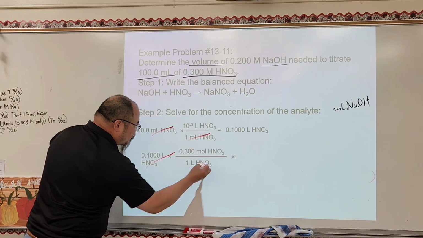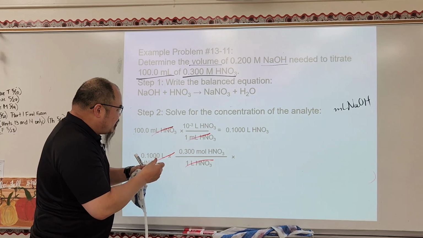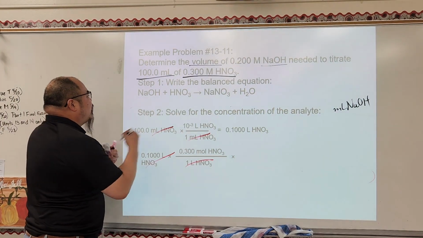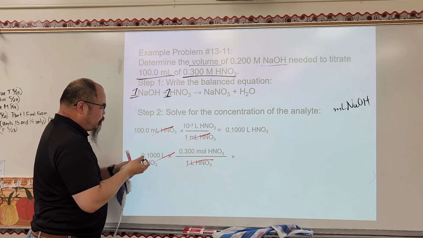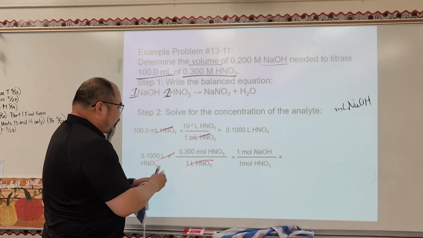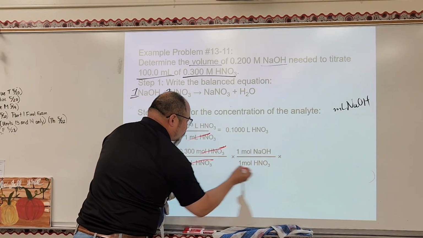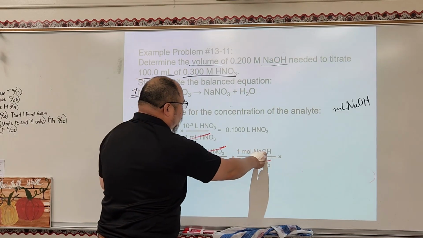Our liters of nitric acid cancel out. We got moles of nitric acid. The relationship between nitric acid and sodium hydroxide here is going to be a 1:1 ratio. Moles of nitric acid on the bottom, so we can cancel out. One on top, one on the bottom, good to go. We got moles of sodium hydroxide.